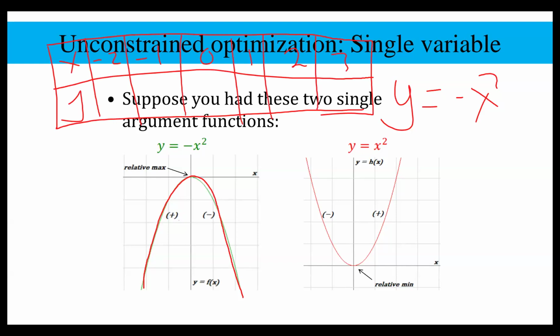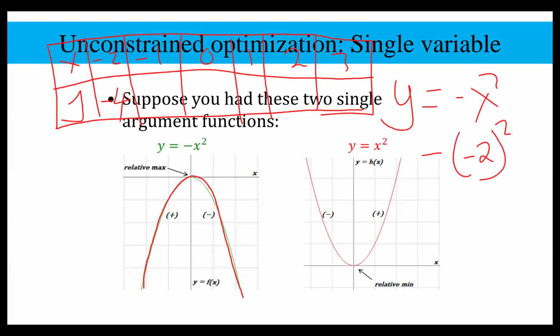Let's start. What would be the value of y when x is -2? You have negative, -2 squared, so you have -4. You've seen, right? -4.